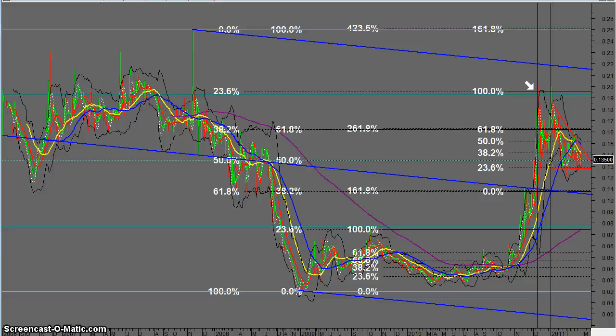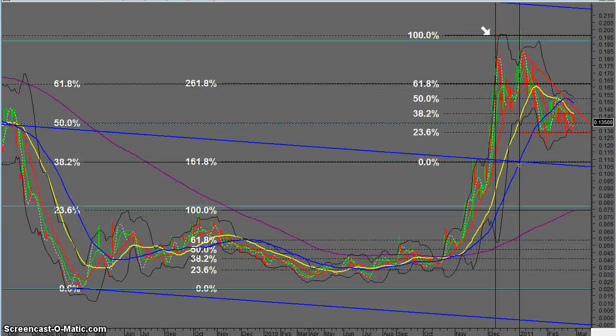One thing I'd be a little bit concerned about here is this triangle formation. You could probably draw this a couple of different ways, and different chartists do it differently. Some would draw it like so, and that would be an equilateral triangle.